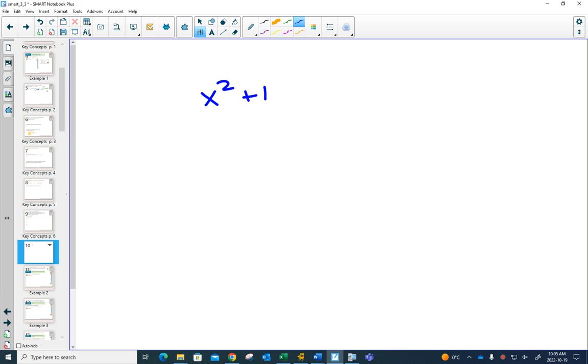x squared plus 6x equals 16. Now, there exists something that if you square it, something plus something, you will get this.